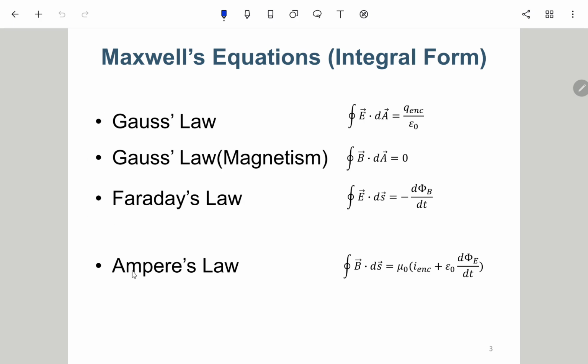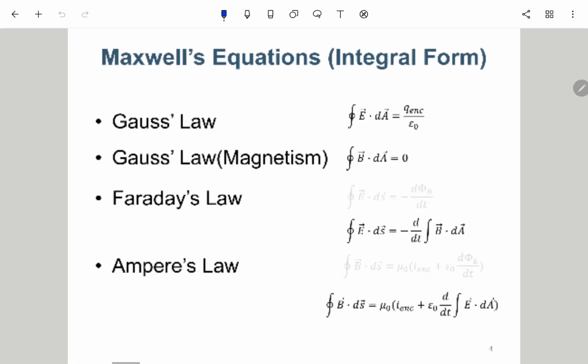I suppose you should have learned this in this semester. This is actually the same form as what we have learned, but here we would like to rewrite it a bit.